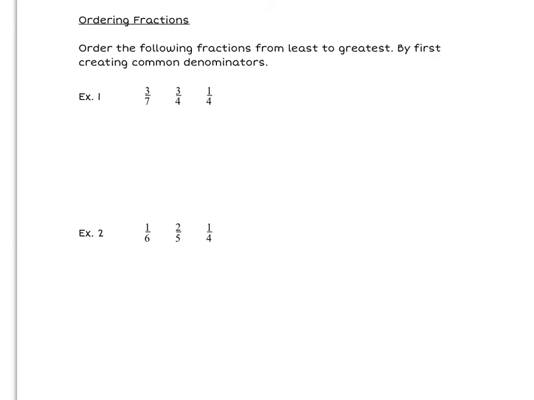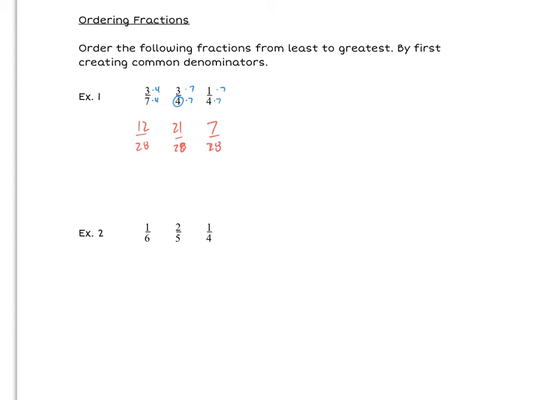So we take this 4 and say times 4, times 4. This one we go times 7, and this one we do times 7. So we end up with 12 over 28, 21 over 28, and 7 over 28.